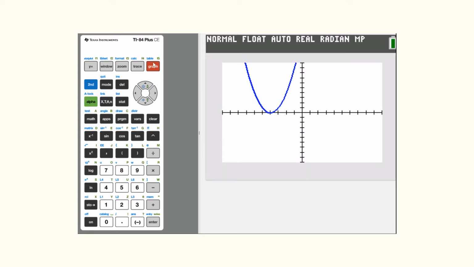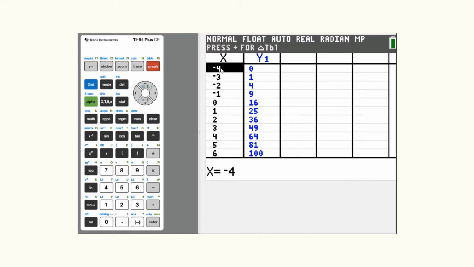And boom. Okay, so this is where we see it comes down, down, down, and then hits the x-axis where x is equal to -4, and then it bounces off and takes off, heading up toward positive infinity. Let's take a quick peek at the table, and I see here that at -4, y is equal to 0.